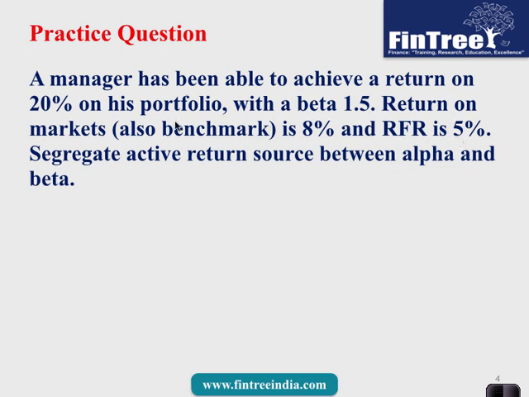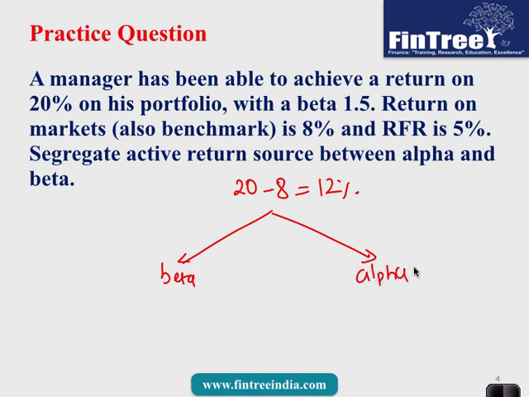Active return in this case is 20 minus 8, which is 12%, which is coming to us because of exposure to excess beta, and then the residual return. We have an excess beta of 0.5 and equity risk premium is 3, so 3 into 0.5 would be 1.5, which means alpha should be 10.5.